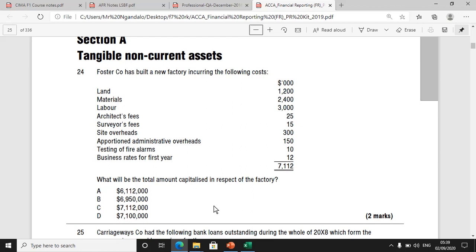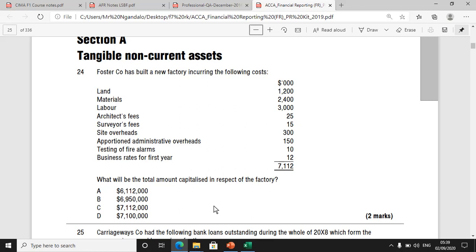So our job here really is just to isolate capital expenditure from revenue expenditure. Land is capital expenditure. Materials for self-constructed assets are to be included in capital expenditure. Labor is to be included in capital expenditure. Architects' fees, that is also taken. Surveyors' fees, that is also taken.